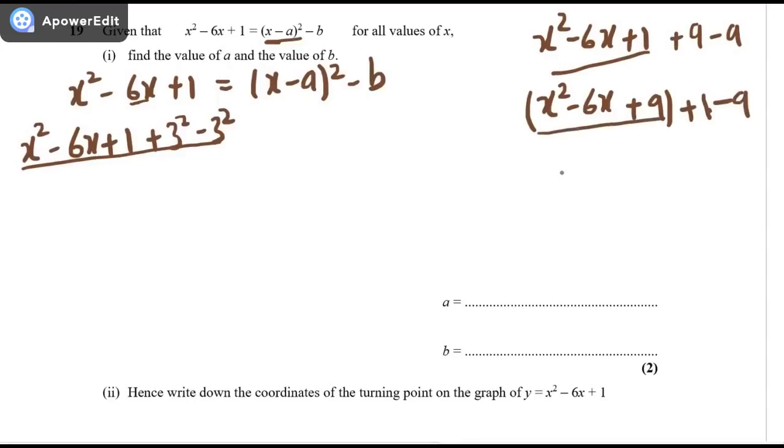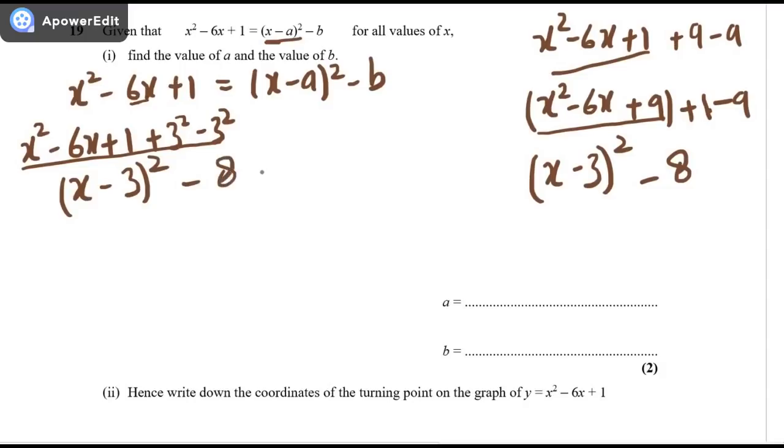So this makes the completed square, which is going to be x minus 3 squared, and this becomes minus 8. If you solve this bit, you will get this answer definitely. So the answer for this bit, I'm going to write straight away, is x minus 3 squared minus 8 equals x minus a squared minus b.